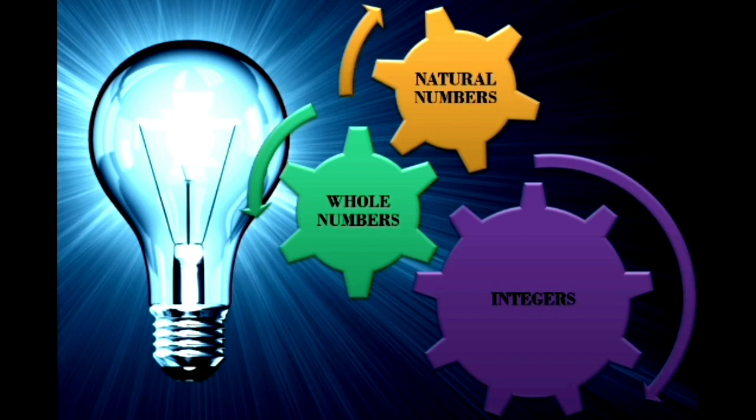Before we proceed, we should know what natural numbers and whole numbers are. Natural numbers are the numbers which start from 1, that is 1, 2, 3 and so on. When we add 0 to it, that is 0, 1, 2, 3, 4, it becomes whole number.